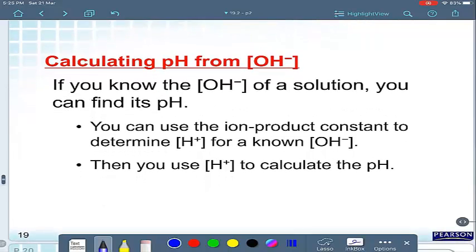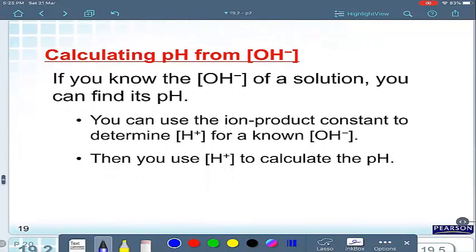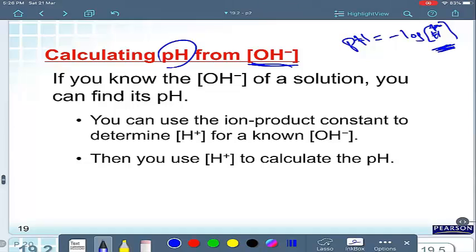What if we need the pH, but from OH-, not H+? We explained that if we have H+, we can get pH equals minus log of this H+. But if you have OH- to calculate pH, what can we do?